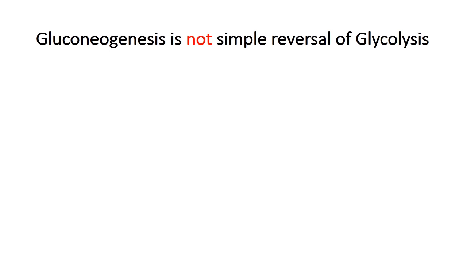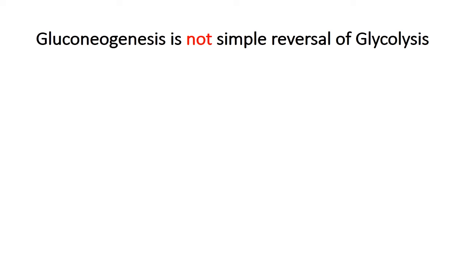Instead, glucose is synthesized by a special pathway that requires the involvement of both mitochondrial as well as cytosolic enzymes. Moreover, there are three irreversible steps of glycolysis which need to be overcome to get converted to glucose.